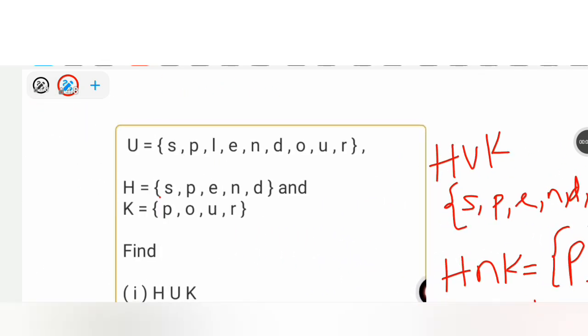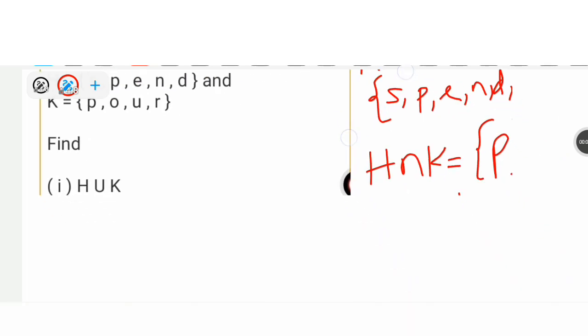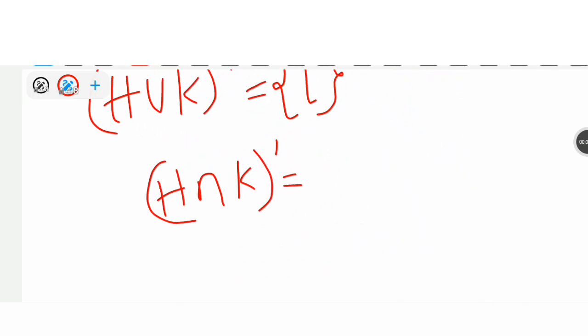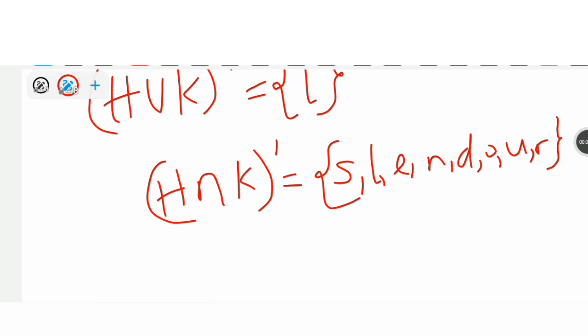So come and remove P from here. Remove only P, and you get S, L, E, N, D, O, U, R. This is what will be left. Separate them with commas. So that's the answer to the question.